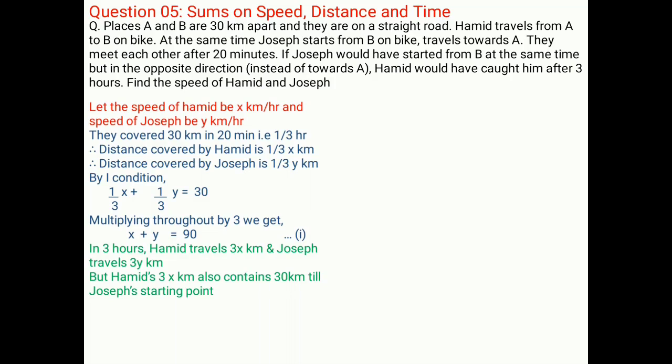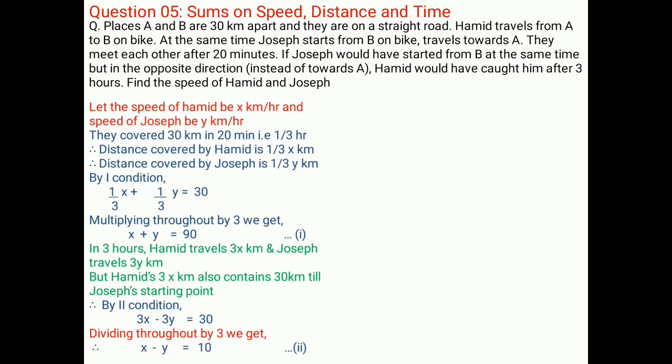Therefore, by condition 2, I get that 3x minus 3y, which is the distance travelled by Hamid minus the distance travelled by Joseph in the opposite direction, the difference will give me a distance of 30 kilometers. Therefore, I get 3x minus 3y is equal to 30.